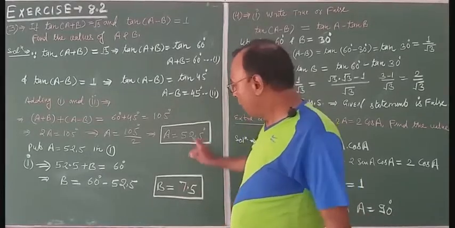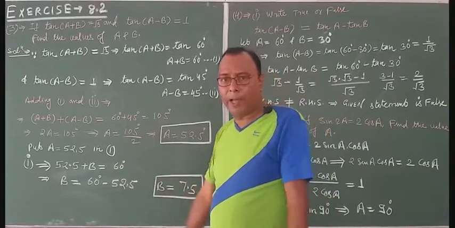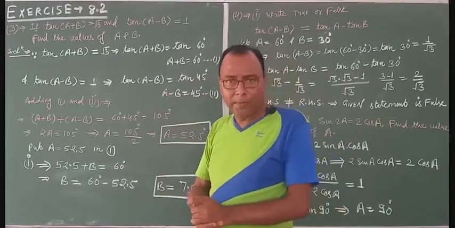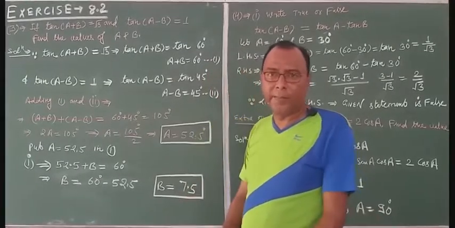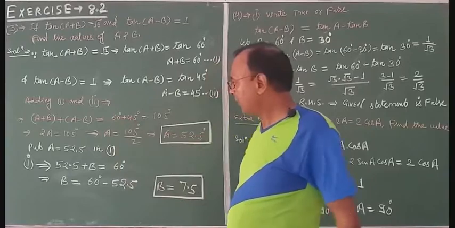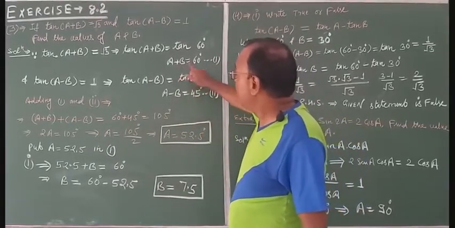Now put this value of A equal to 52.5 in either of the equations, either equation 1 or equation 2. Suppose we are substituting this value in equation 1. The first equation is A plus B is equal to 60.